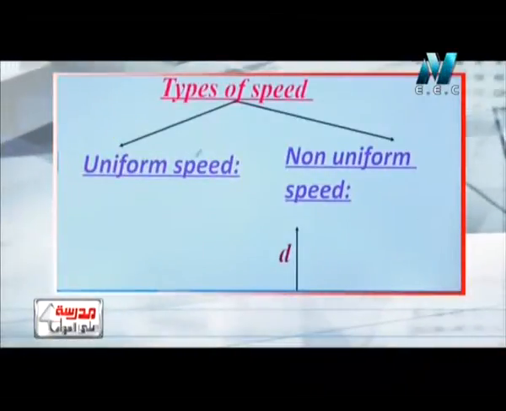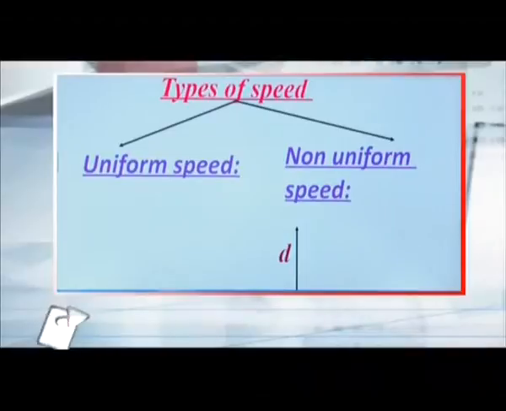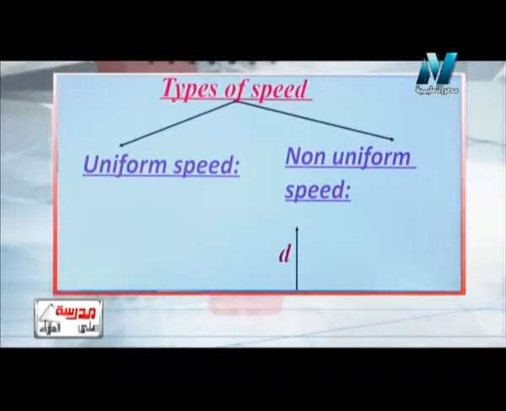اللي هو unequal. As we see here on this monitor ان هو بيقول لي types of speed: uniform speed and non-uniform speed.